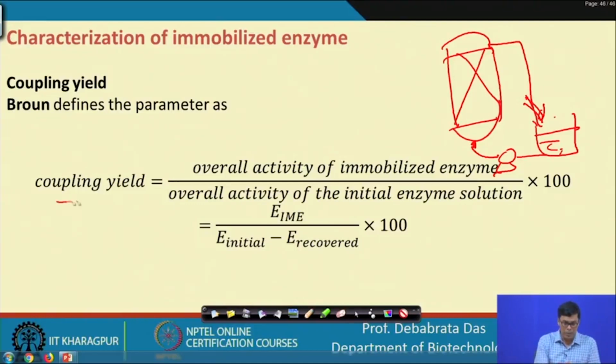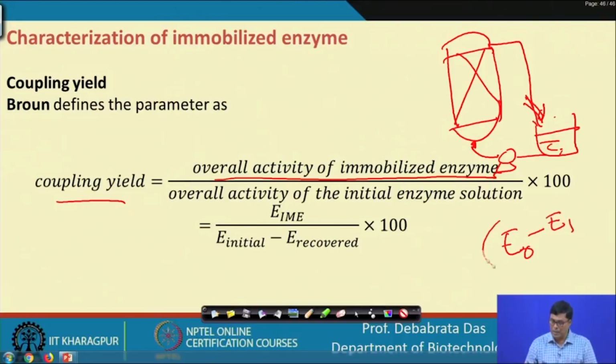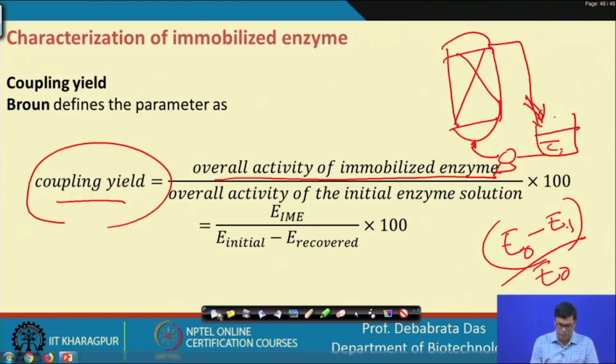So what is the coupling yield? The overall activity of the enzyme immobilized. How can we find out? Suppose initially the enzyme activity is E0, and when it is saturated, the enzyme activity is E1. So the activity of the enzyme immobilized is E0 minus E1. The overall activity of the initial enzyme solution is E0. This ratio gives the coupling yield.